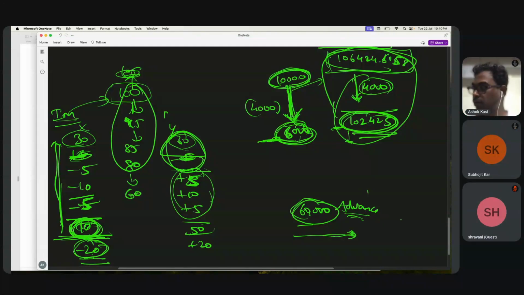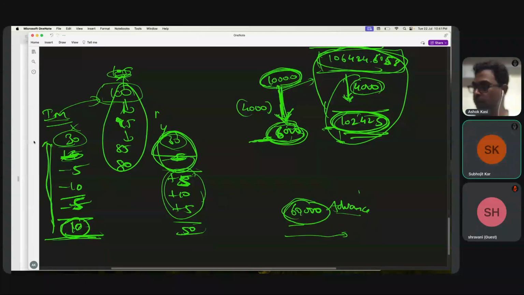Subhajit, what did you say now? In this sum, once it reaches 6,000 per contract, the holder, who is long on call, has to pay 4,000. Yes, correct. In total, how many contracts are there? Here the price is 106,424.